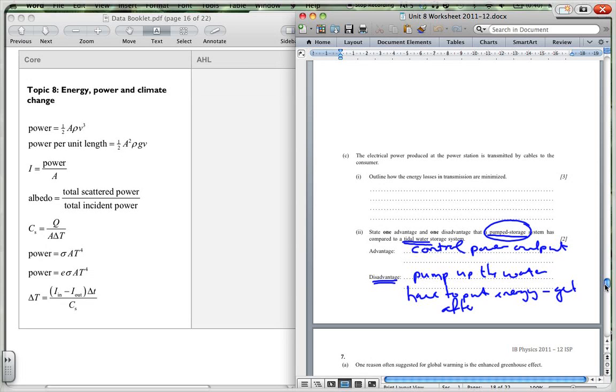Whereas with tidal, it's always there. Your energy is coming from the sea, so it is available all the time. But sometimes your tidal power may not be as much as others. You get your high tides and your low tides and your neap tides and so forth, so it's not always as available, but you don't actually have to put in any energy for the tidal power.